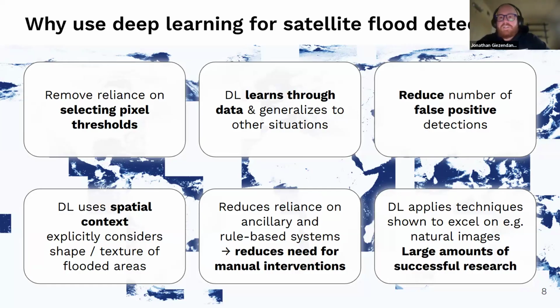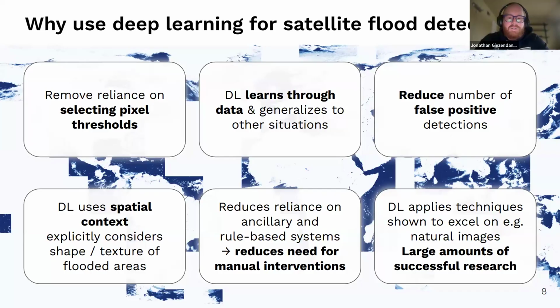And this massively reduces the number of false positives, mainly because deep learning uses spatial context and explicitly considers the shape and the texture of flooded areas. So this removes the need to rely on ancillary and rule-based systems where we have to make a decision.